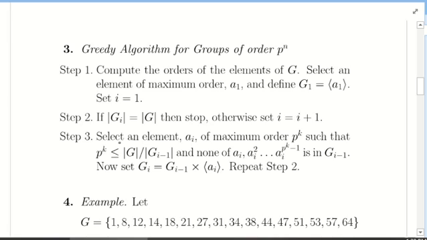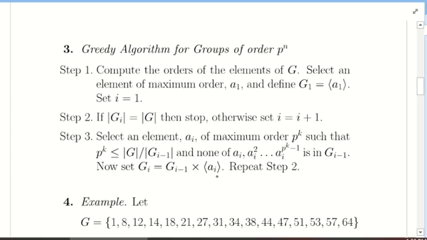So we select an element A sub I of maximum order, such that the order needs to be less than or equal to the order of G divided by the order of the previous iteration group, and that the cyclic group generated by that element is not in one of the previous iterations of G.